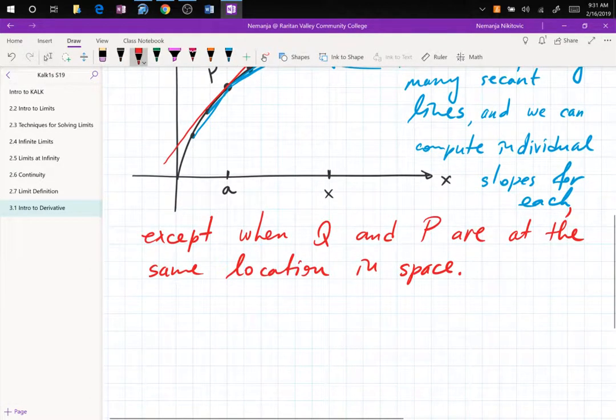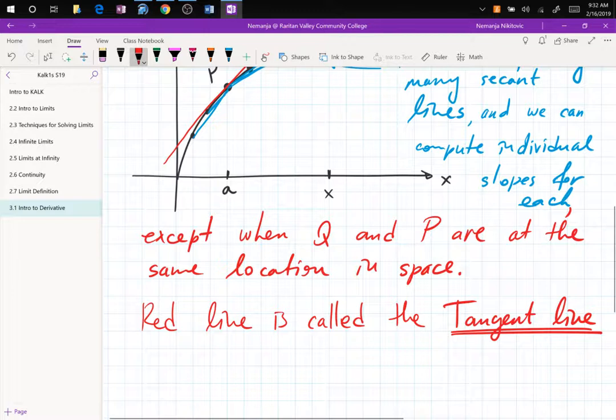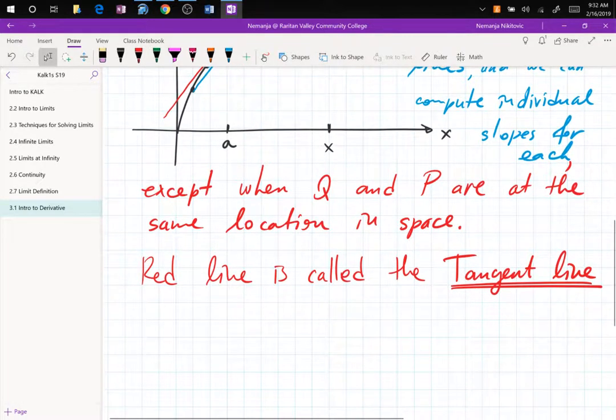So, the red line is called the tangent line. Now I'm going to tell you what the tangent line is, and then we'll go from there.